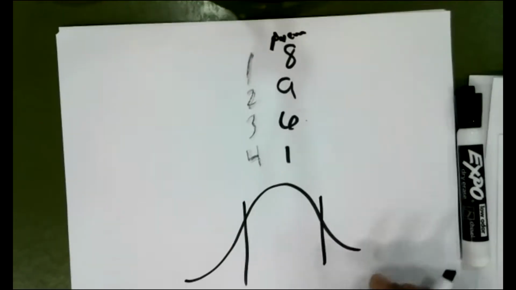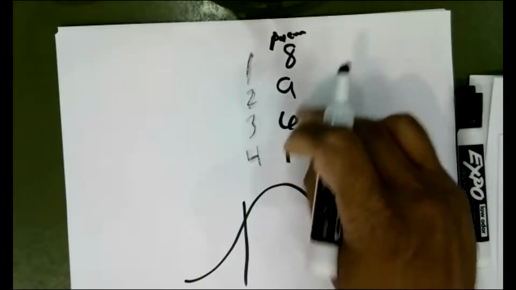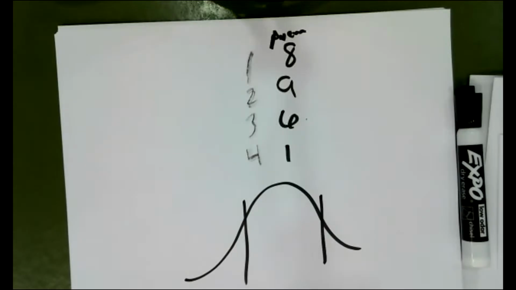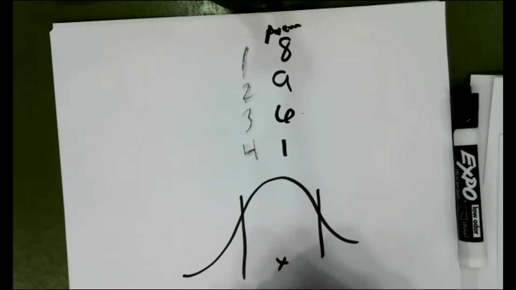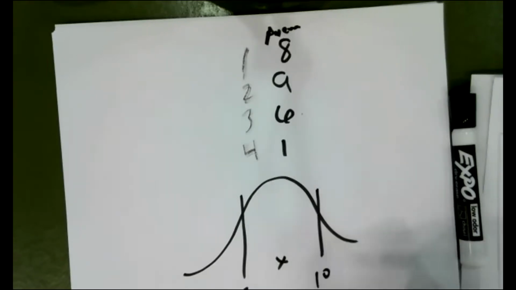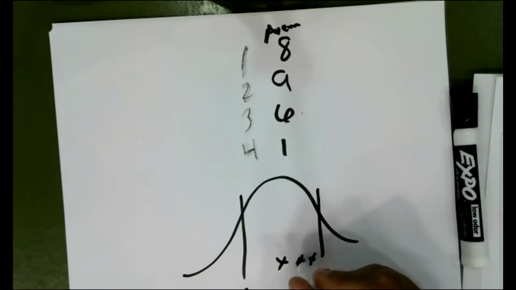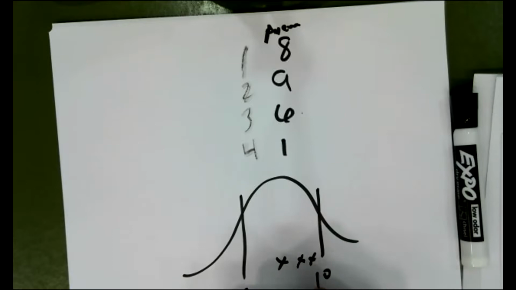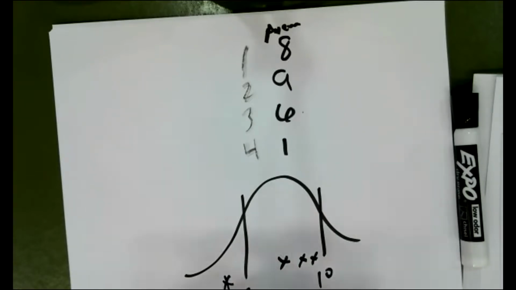What we're going to do is literally a t-test to see if one is significantly different than the rest. So we're going to measure them against each other. Imagine this scale runs from 2 to 10. We have one at 6, one at 9 days, one at 8 days, and one out here at 1 day.